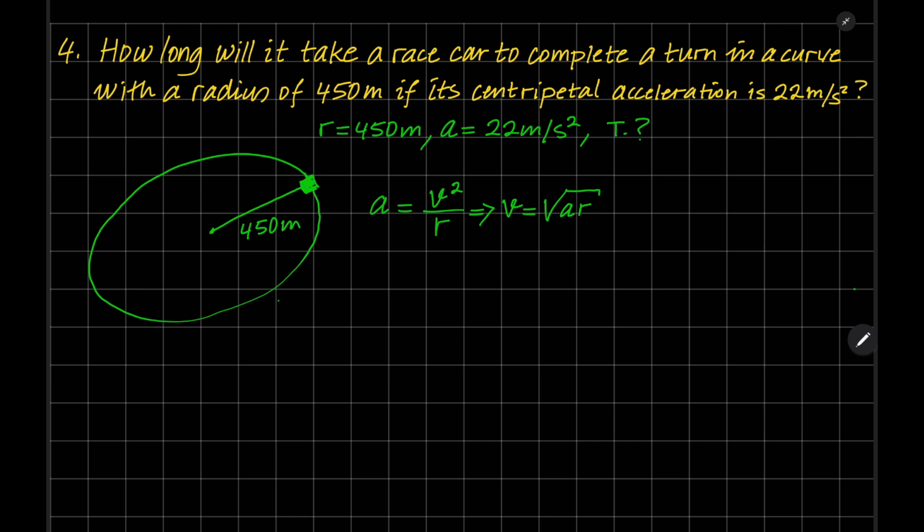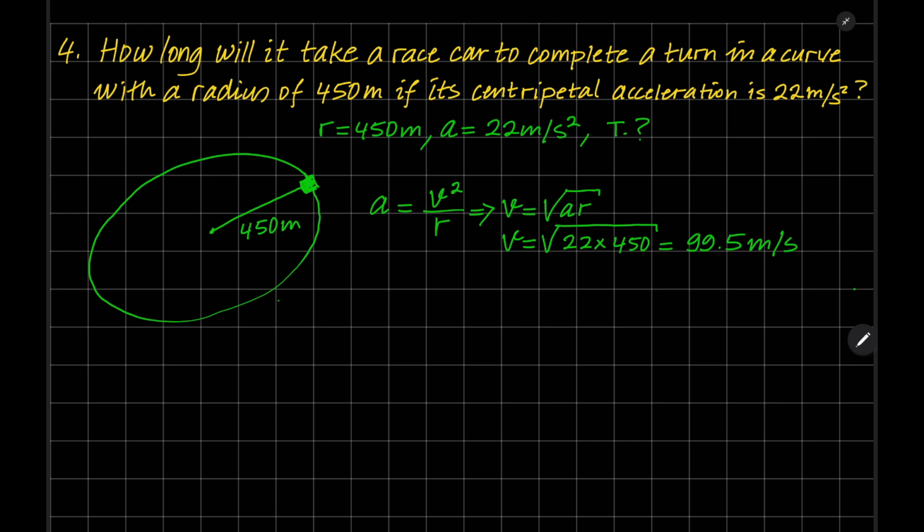Then velocity is equal to the root of 22 times the radius, 450 meters. It is equal to 99.5 meters per second.